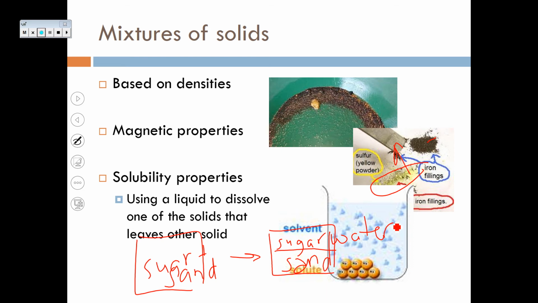Then you would be left with the sugar water and sand in a separate container. To separate the sugar from the water, you could just boil the water off and evaporate it. And you could separate the sugar and sand that way.